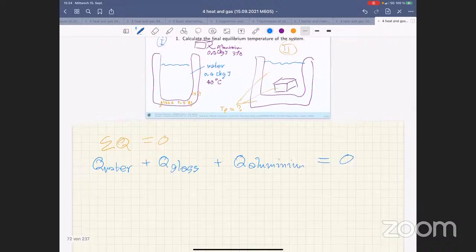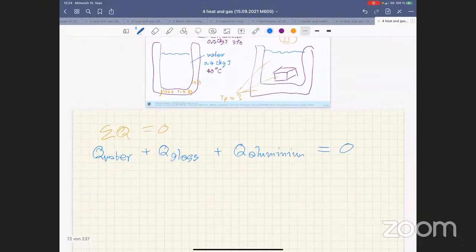remaining zero, right? And Q of water is going to be mass of water, C of water, delta T of water too, right?